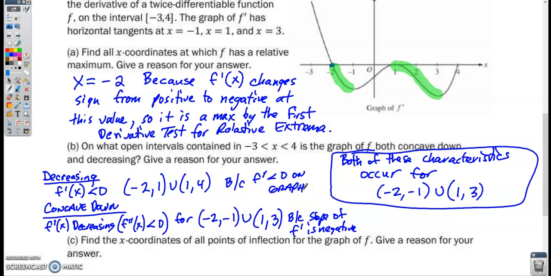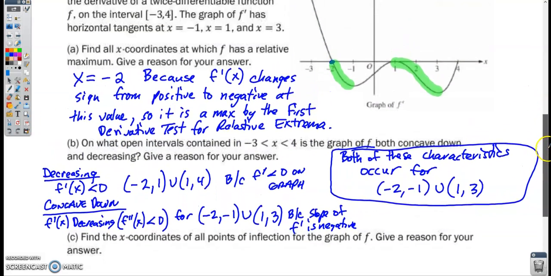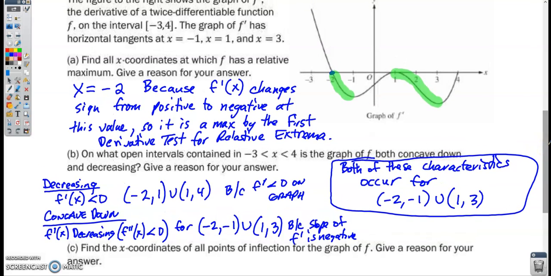All right, last one. Find the x-coordinates of all points of inflection for the graph of f. Okay, so points of inflection happen where f double prime changes sign. F double prime is represented by the slope of this graph, since this is a graph of f prime. So f double prime is negative from -3 to -1.